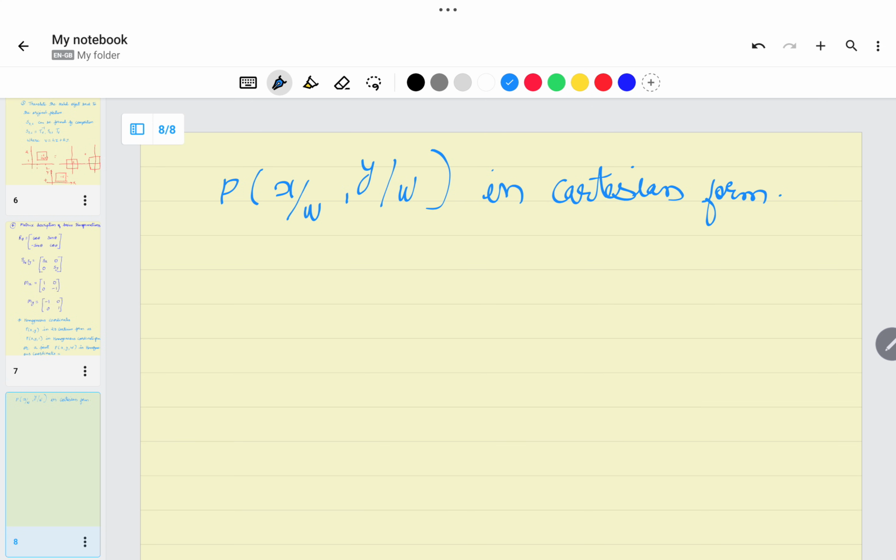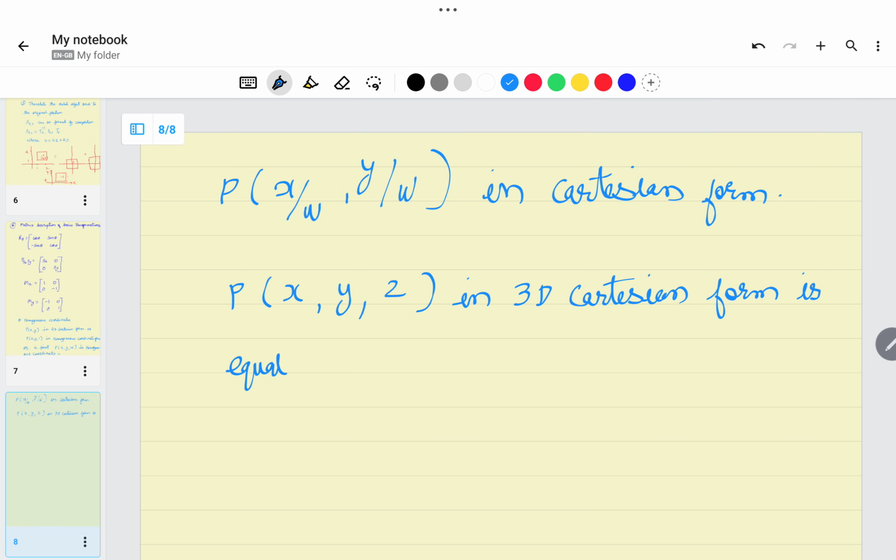In the same way, P(x, y, z) in 3D Cartesian form is equal to P(x, y, z, w), or say 1. W can be anything greater than 0.